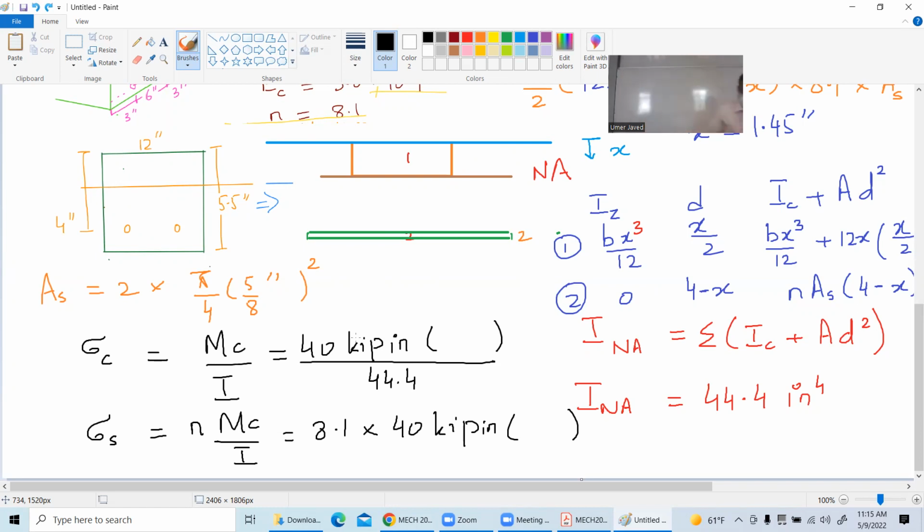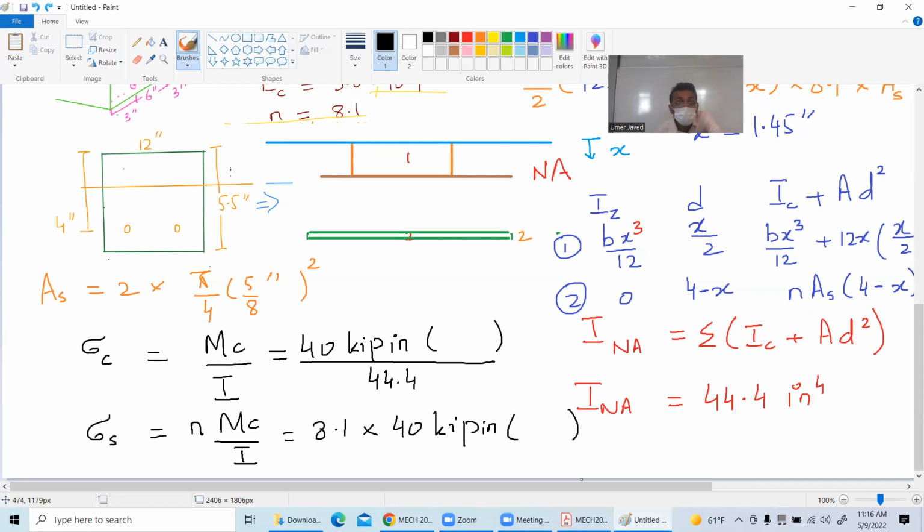Why don't you write it in your notes and I will see. Okay, so x is 1.45 inches.